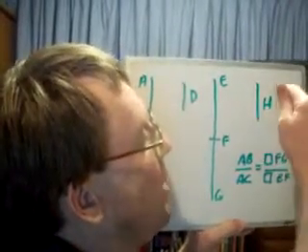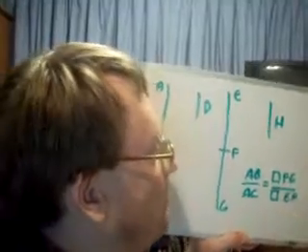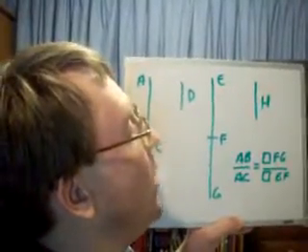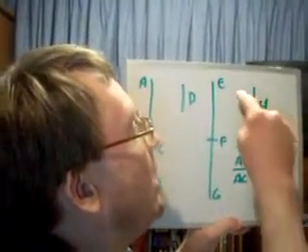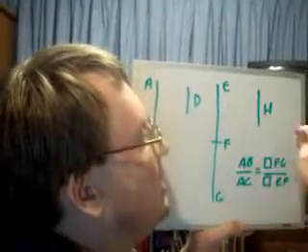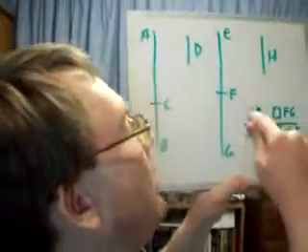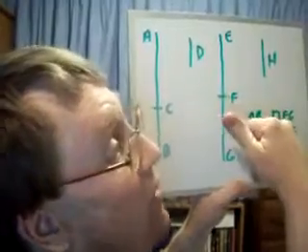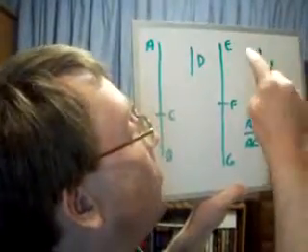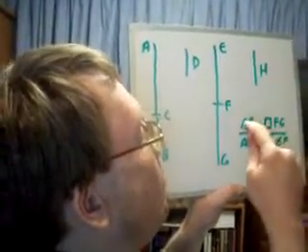Then you add the area of EF square to the area of H square, and you get the same area as the square on FG. So this area plus this area equals this area.